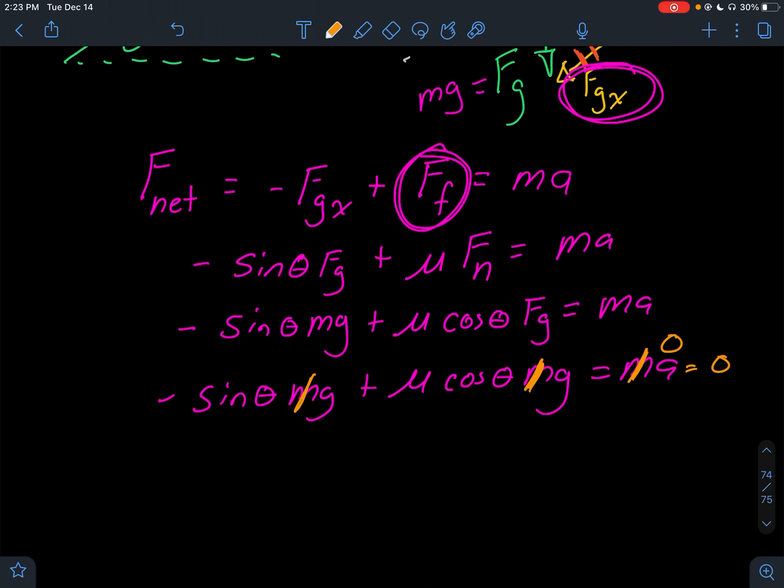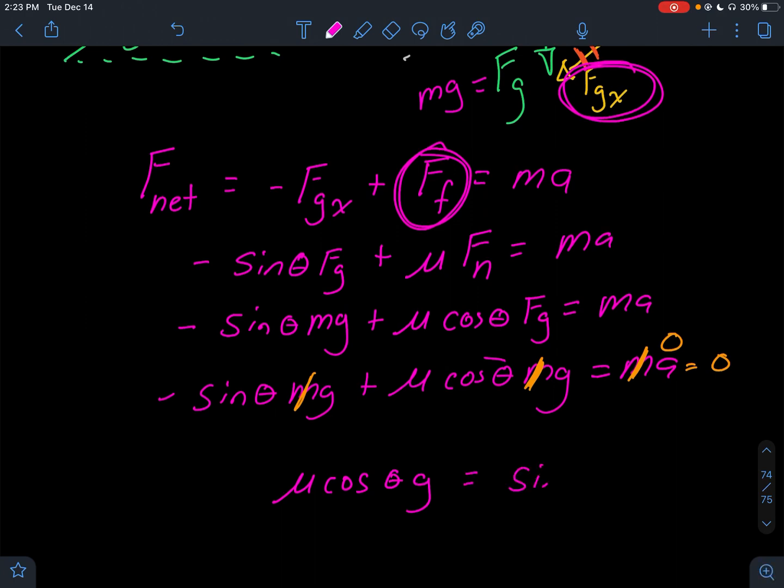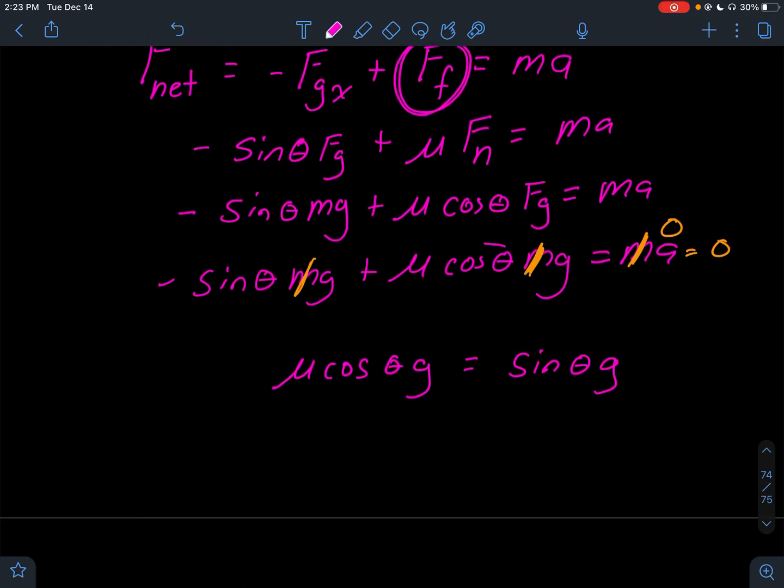So that would be a scenario where our forces are equal. If we rearrange and move this term to the other side of the equation, I would end up with cosine theta g from here. Right, and then I'm going to add this to the other side. And I'm solving for an angle, or sorry, I forgot about the gravity party.